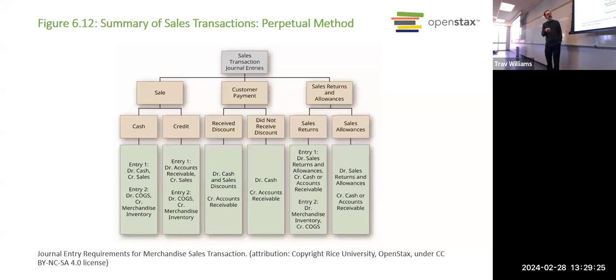If they did not get a discount, then there are only 2 accounts involved, cash and accounts receivable. If there's a return, this is what we have to do. Again, there are 4 accounts involved. If it's an allowance, only 2 accounts because no inventory.